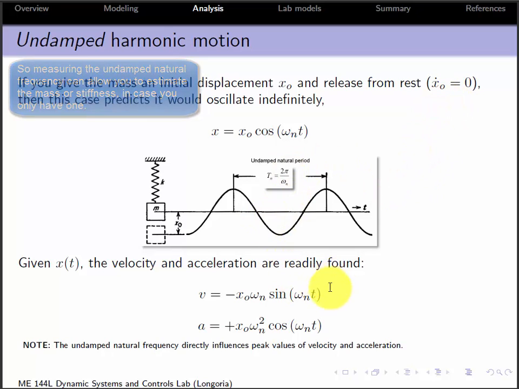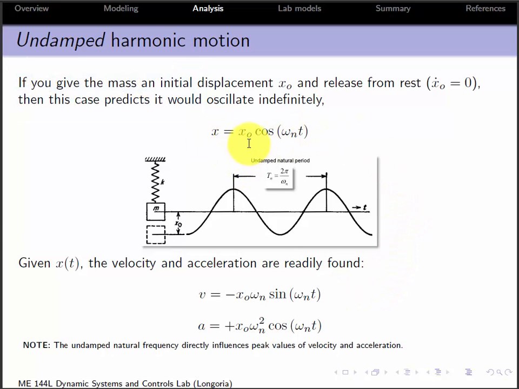experiments like this. The other nice thing about this experiment is if you release it with a known deflection this way, then it's easy to estimate other variables. So if this is the displacement, because that's the solution of the ODE, simple derivatives give you peak velocity and peak acceleration, right?